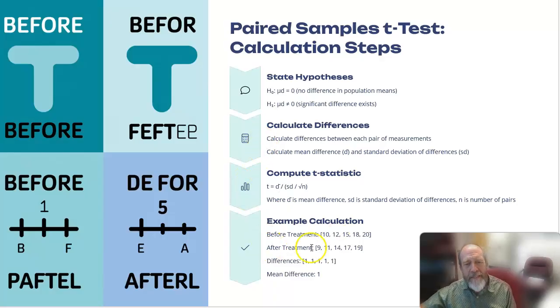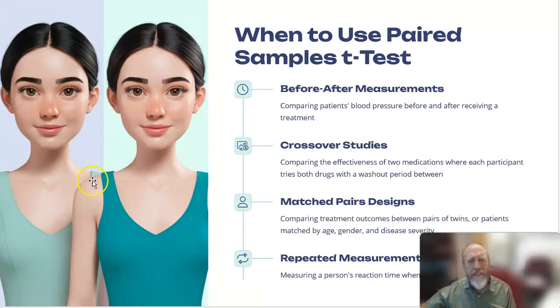Now, the nice thing about this is because you're taking the difference in before and after, you can just use the standard test that you did before. You don't have to do a paired samples test. This is one that you're probably going to do. So what do you do to do the comparison?